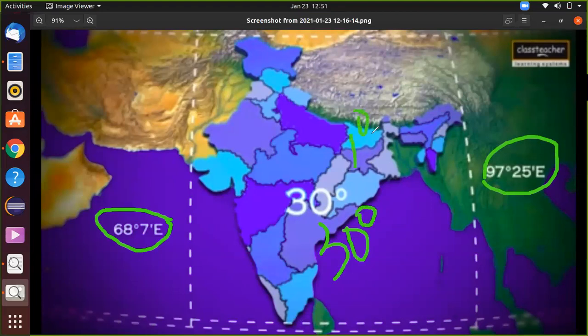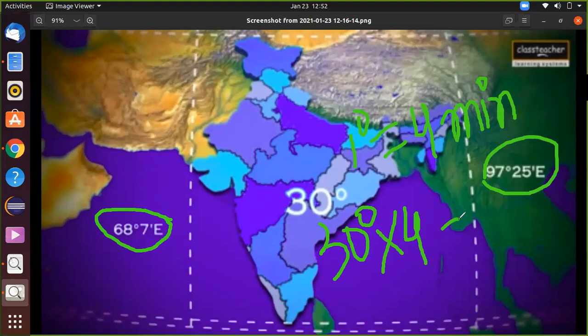Now, if 1 degree is 4 minutes, and the difference between the easternmost part of India and the westernmost part is 30 degrees, there is a difference of almost 2 hours. If we multiply 30 degrees by 4, it becomes 120 minutes, which is exactly 2 hours.